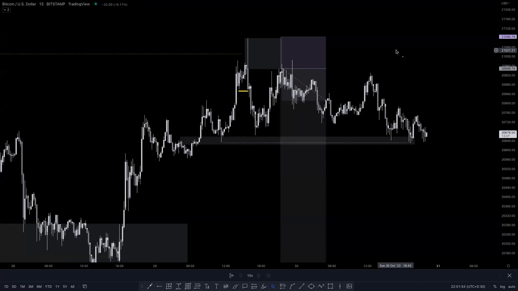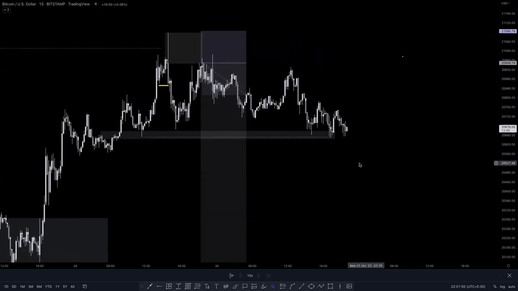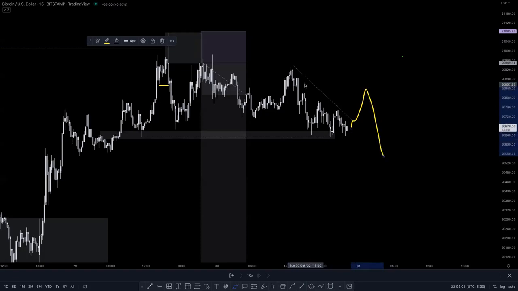So in this case, possibly this can be trend line liquidity, price breakout, and then fail. Okay, after collecting all the money, price can be pushed downside. So you have to prepare in this situation.